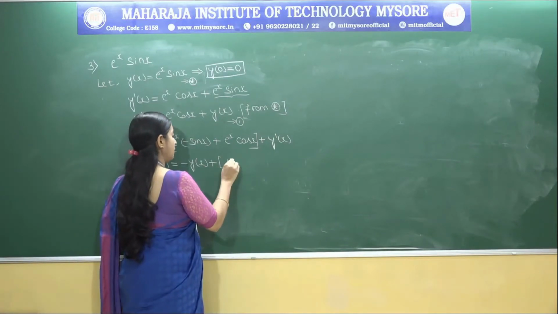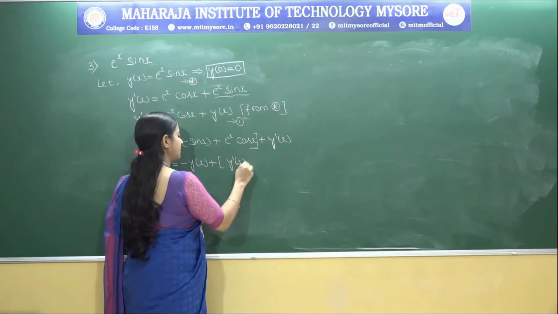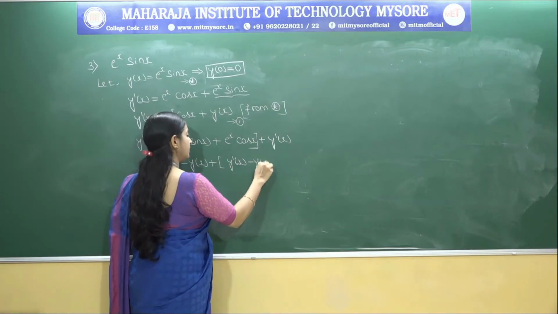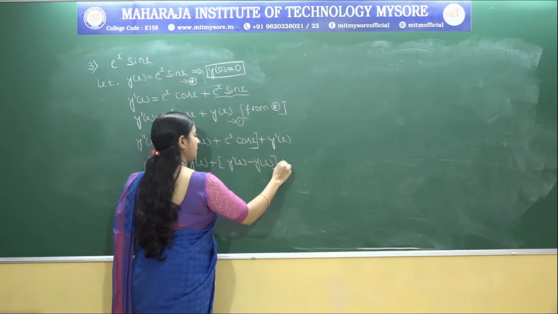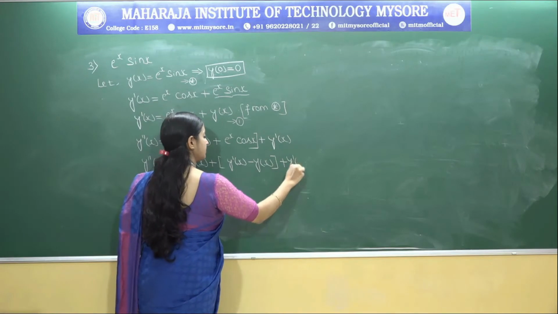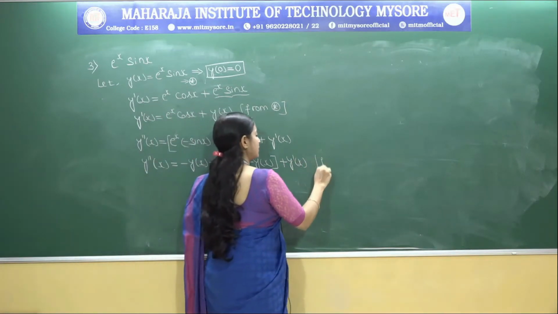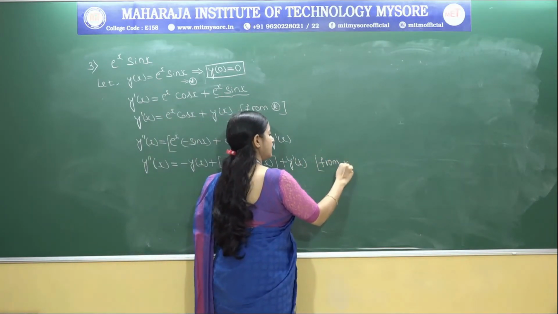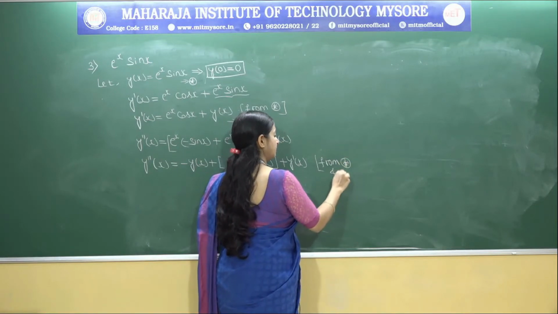So for the second term, y dash of x minus y of x using equation 1, plus, keep the last term as it is. I use the equation star and equation 1.